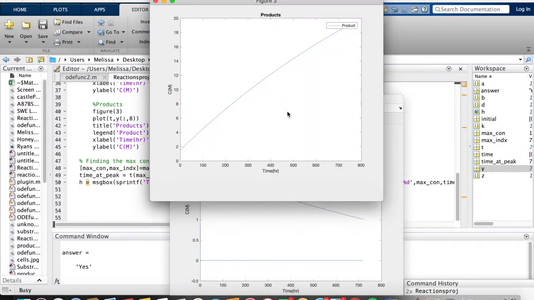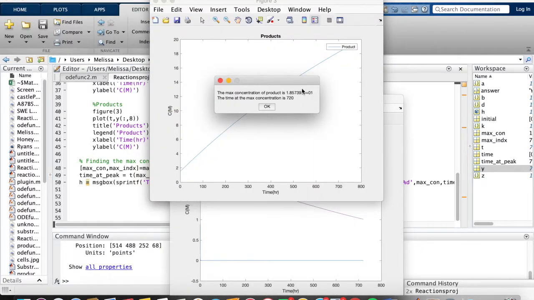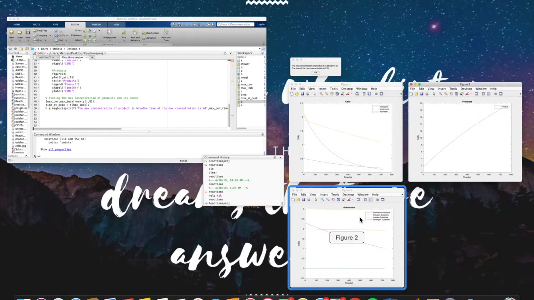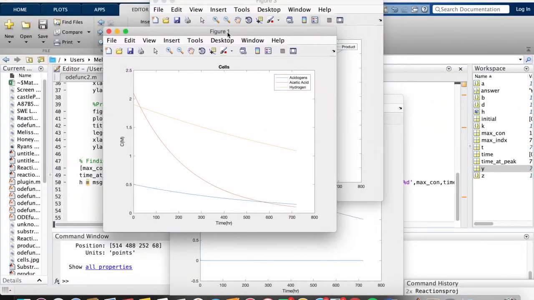So this is going to run and give us our figures. So our first figure is figure 1, and this shows our cells. We can see that they're all decreasing and will probably eventually hit 0 as time passes.